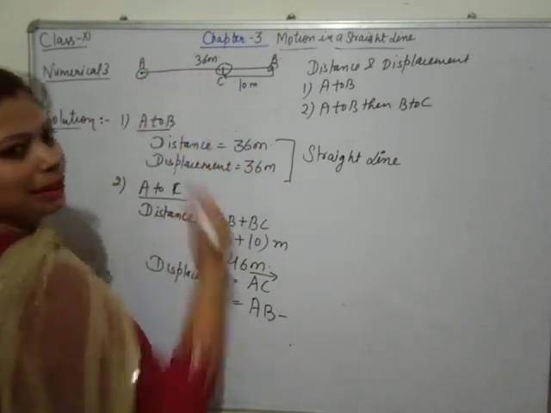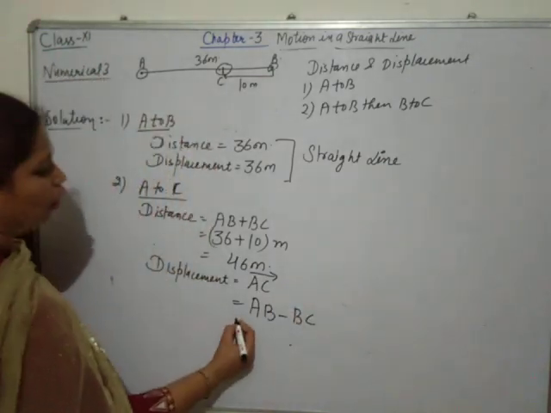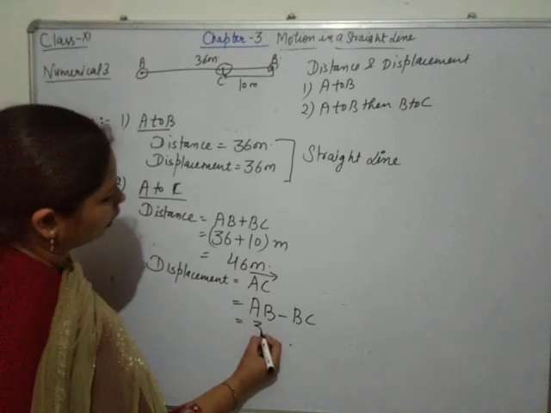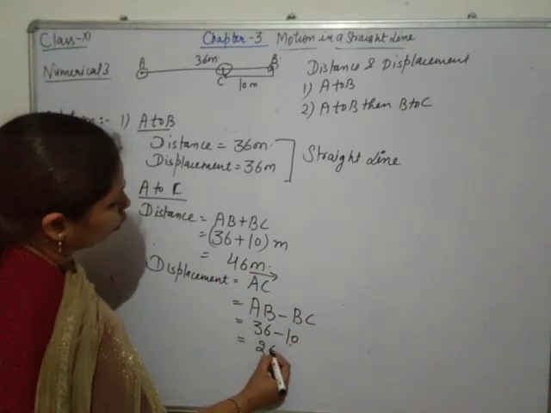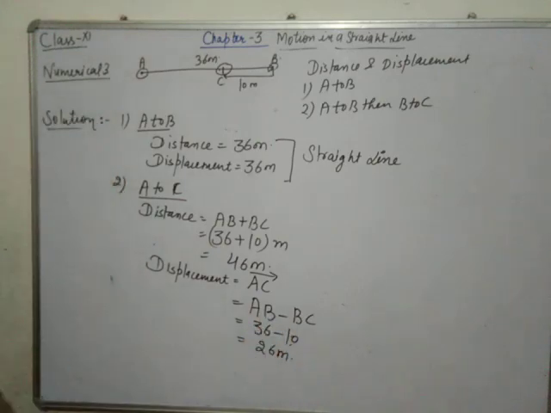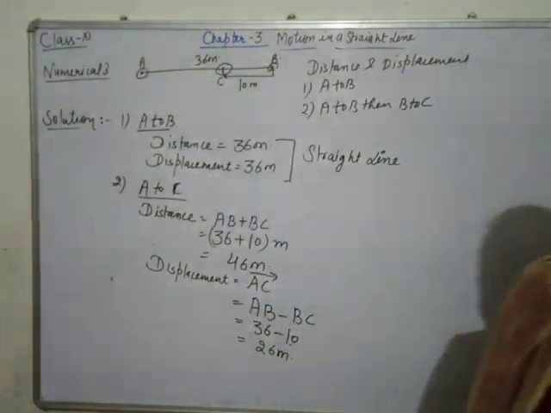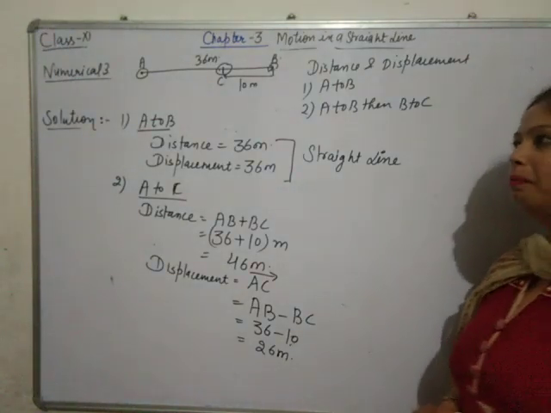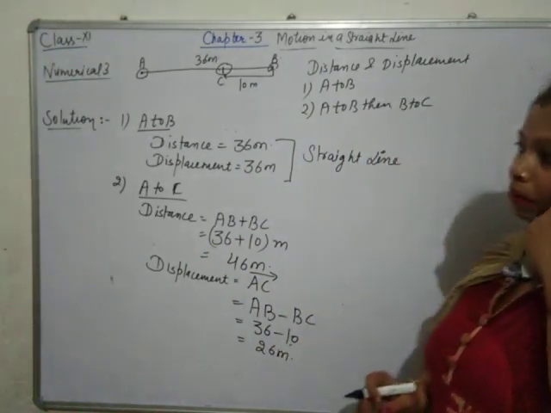During back journey, BC is given to you. So AB minus BC. What is AB? AB is 36. What is BC? BC is 10. So it will be equal to 26 meter. So in this way, you can calculate distance and displacement in various paths, but you have to keep in mind that distance is the total and displacement is the shortest path.